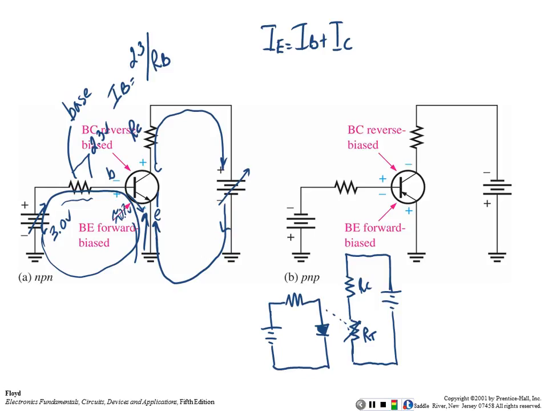So what I would have to do is have a way of being able to calculate the current flow through this side over there. Well, the way I calculate that is I use the ratio between the collector current and the base current, it's called beta. So what would that mean IC would be equal to?